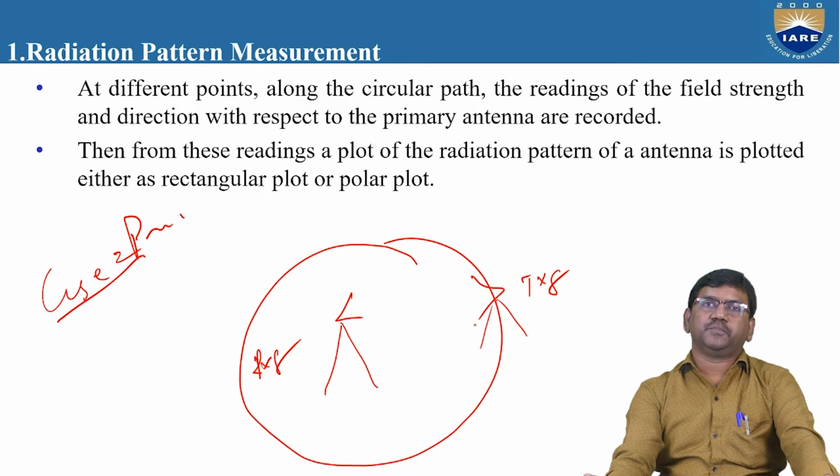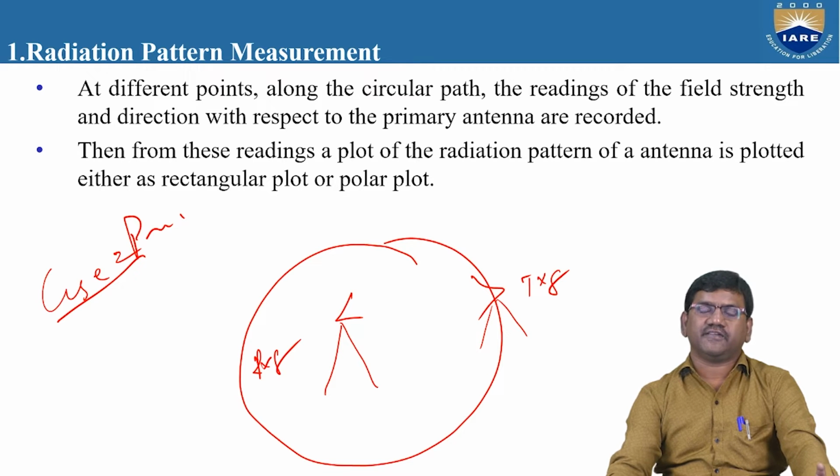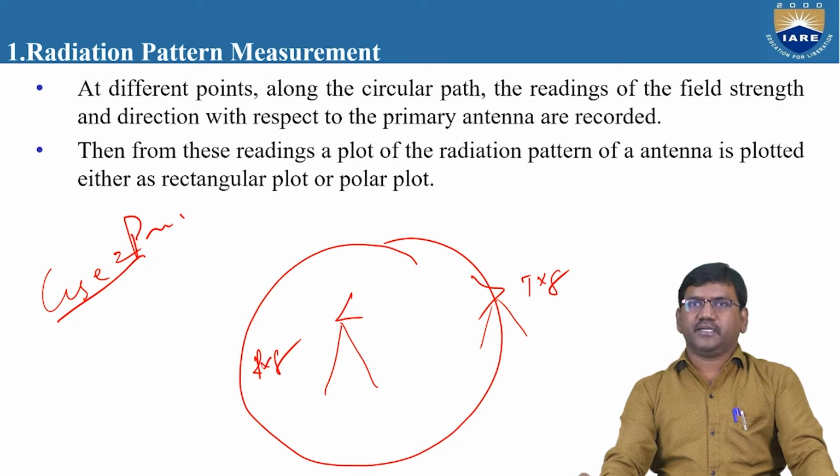See that both antennas, the transmitting antenna and the receiving antenna, are stationary. They are not movable. They are fixed at certain points.